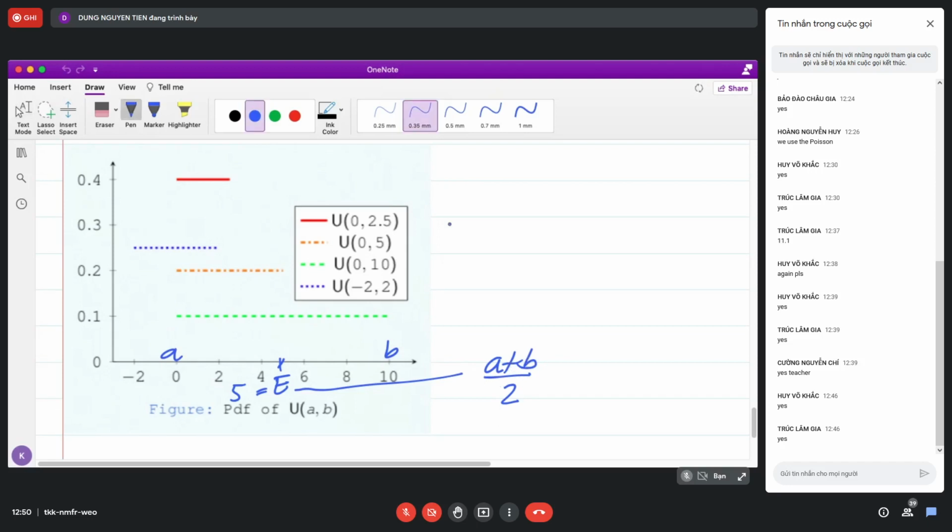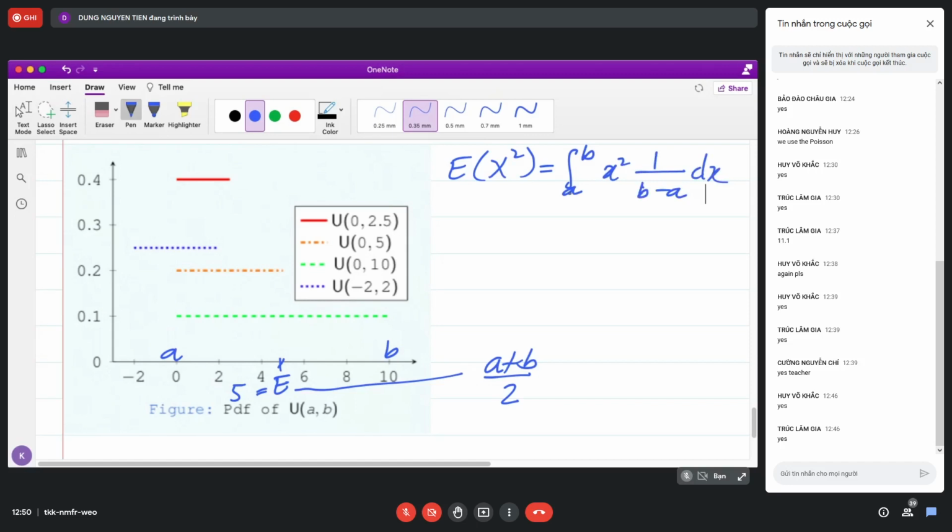the middle point. If you know the mean value, you can also find the second moment, which is the integral from a to b of x squared times the density function, which is 1/(b-a), dx.